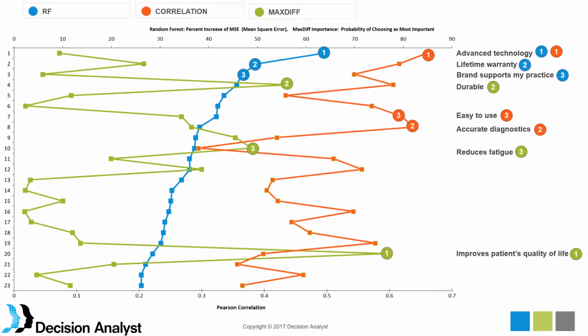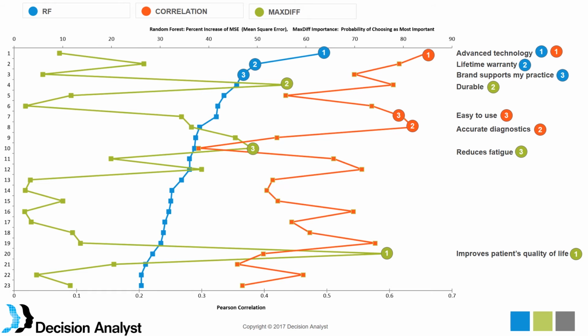Random forest, for example, identified the top attribute as advanced technology. Well, over here in the orange are the correlation values or output. Correlation also identified the top driver, and it'll tend to do that. It's when you go to the second, third, fourth, fifth that random forest and correlation will start to diverge.